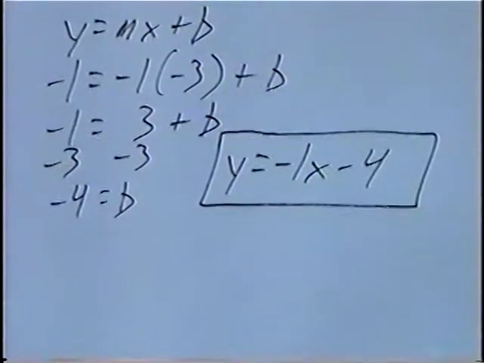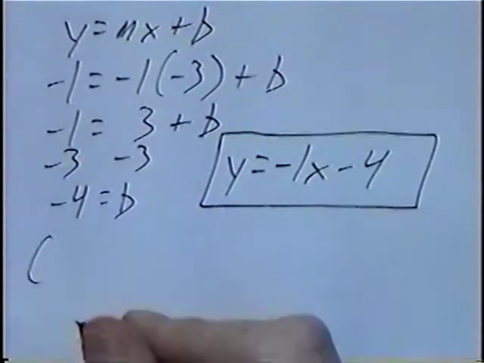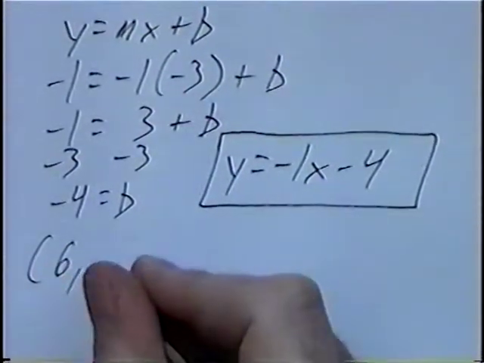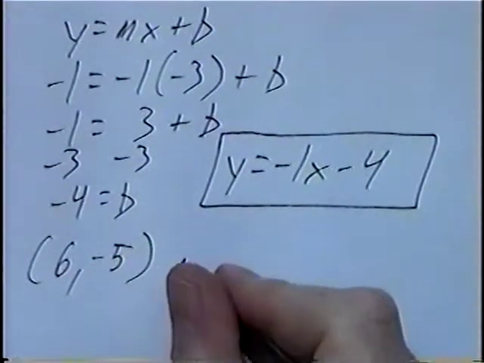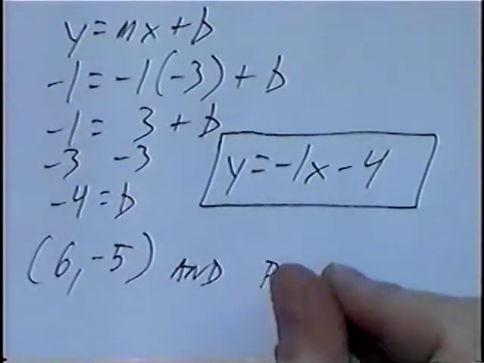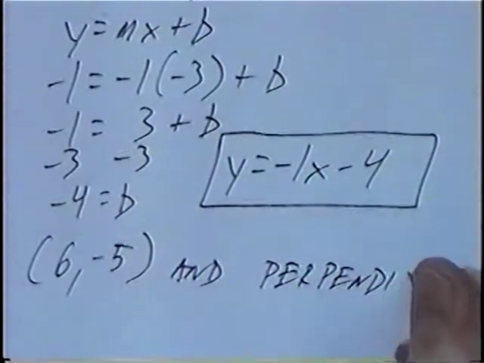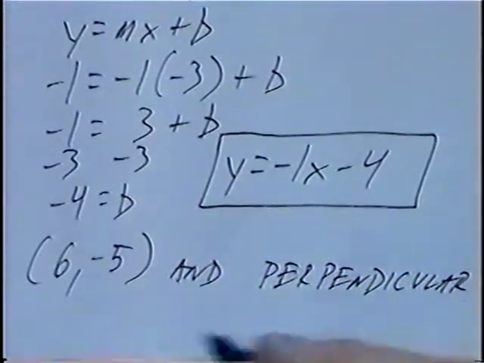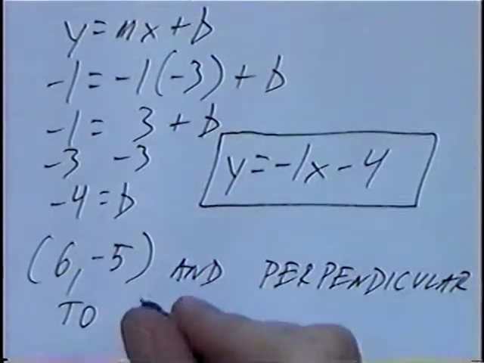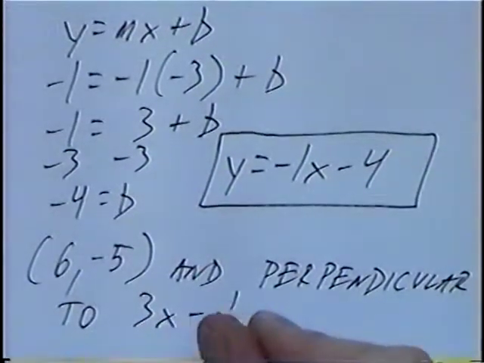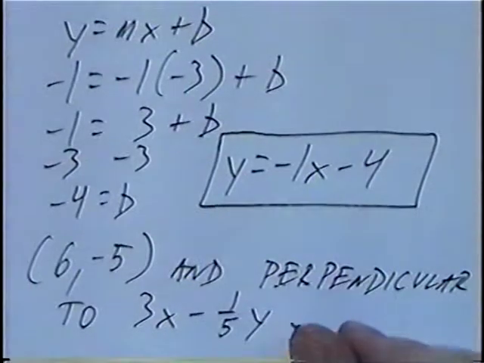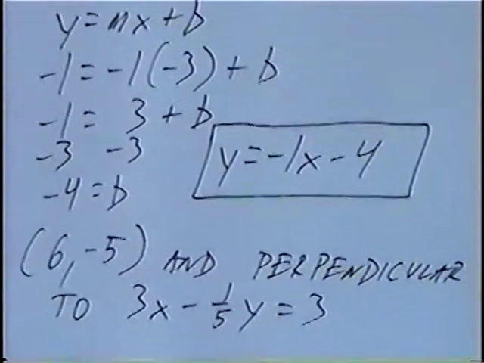Second question, and last question for the section. We'll have the point 6, comma, -5, and perpendicular to 3x minus 1 over 5y equals 3.